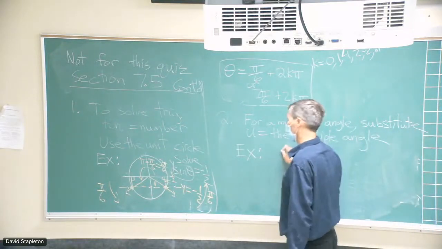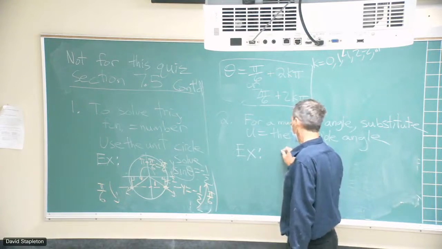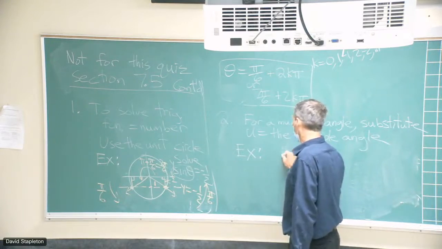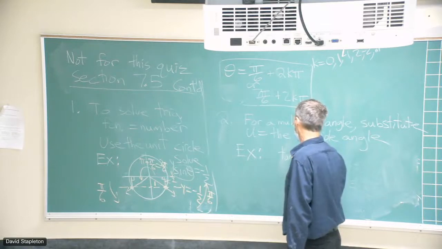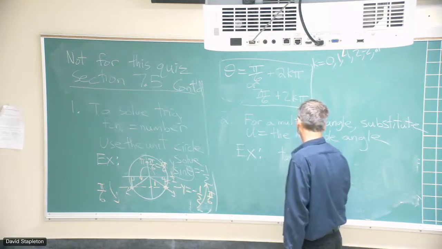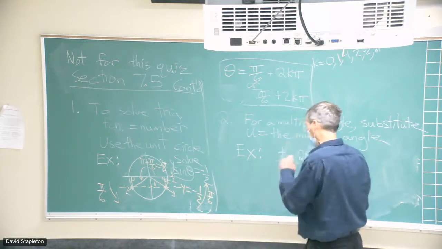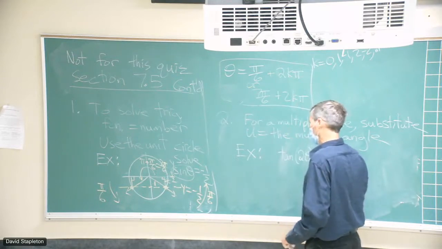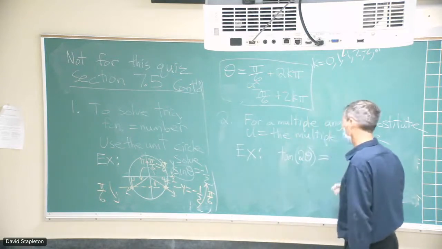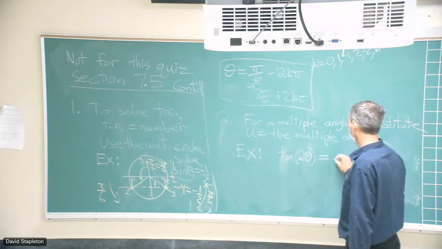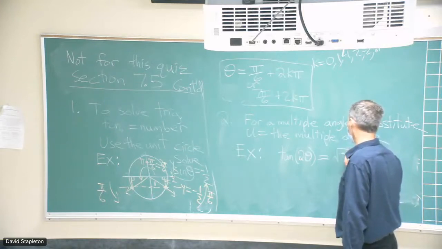Suppose I wanted to solve tangent of 2 theta equals square root 3. How about that?